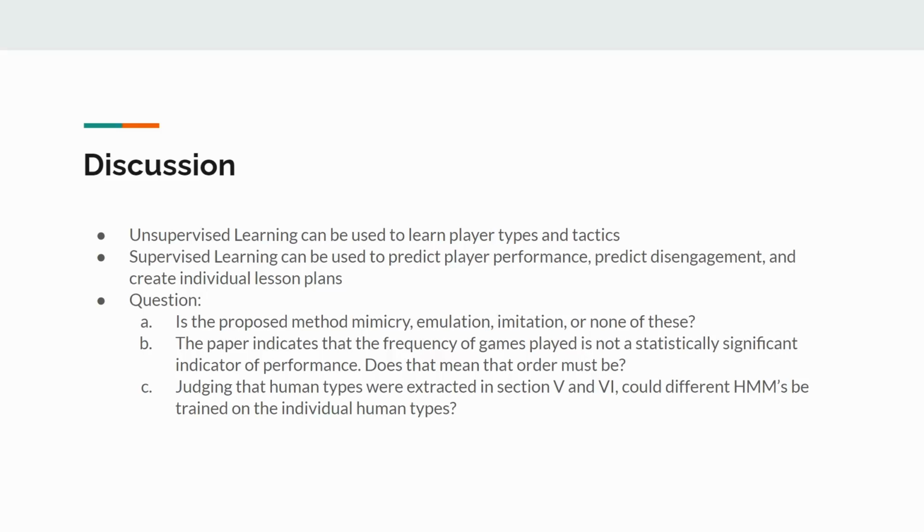We're simply taking a cluster of top performing players in the game and training an HMM on that without actually thinking, or the model is not actually considering what the true goal of the LFD is. It's simply trying to find a set of lesson plans for the top 50% of performers instead of actually thinking about whether the resulting player would be in the top 50% or in the bottom 50%.